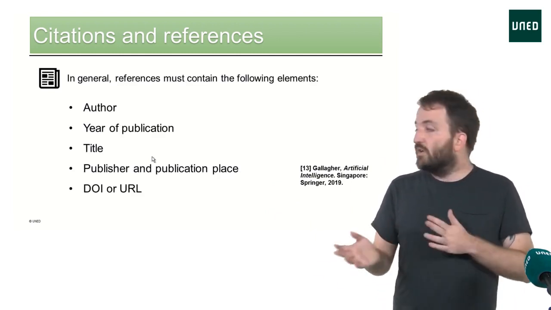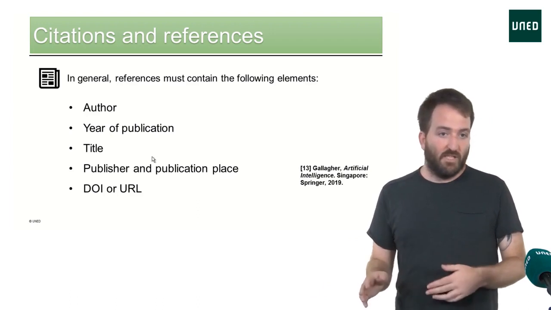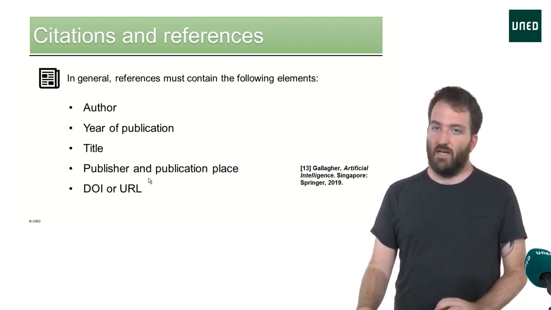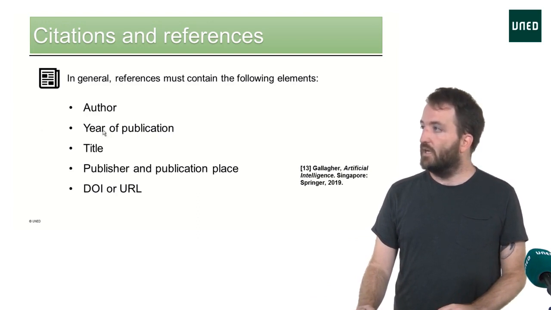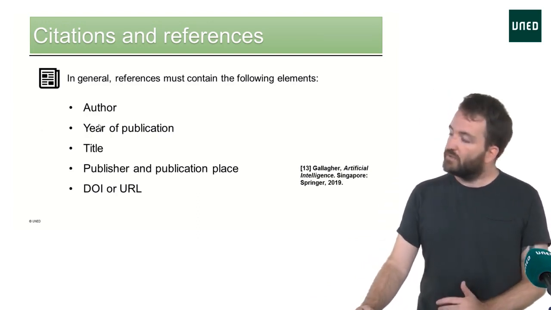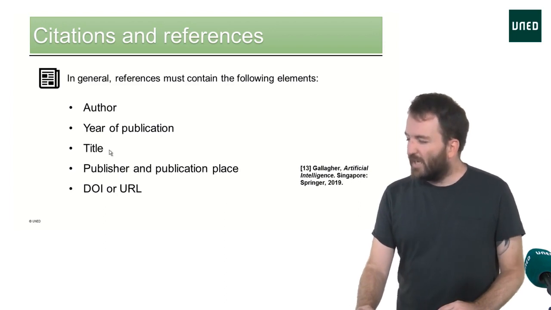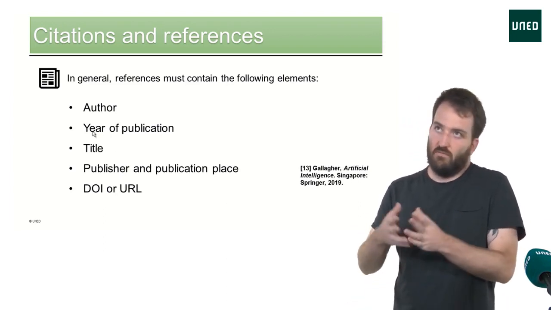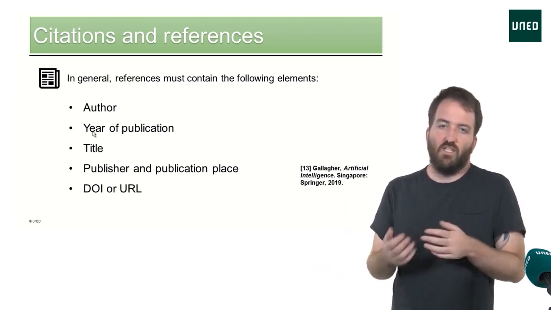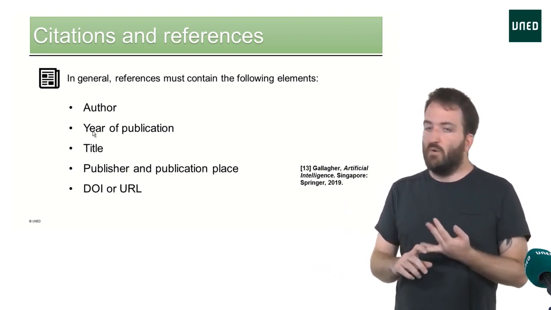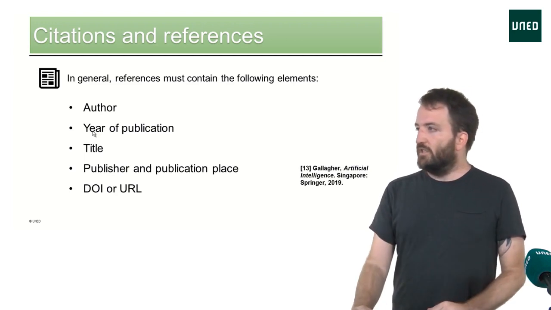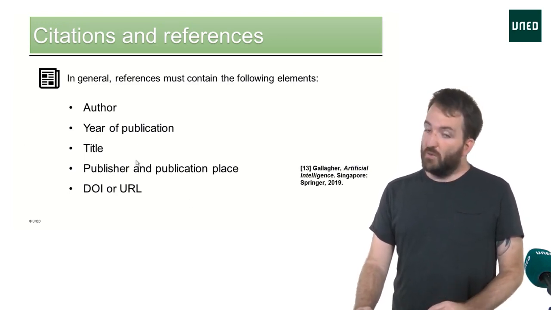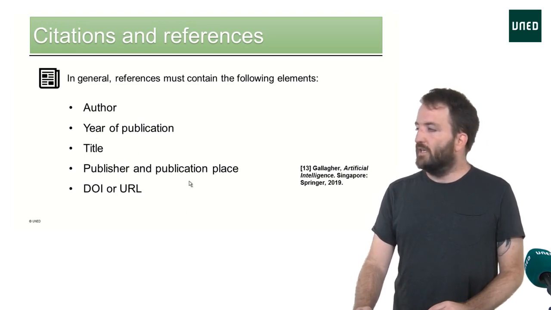It will, of course, vary from style to style, but these are the most relevant elements that a reference has inside. Basically, who's the author, who's the creator, what is the year of publication, what is the title. If it's a book, what is the title of the book; if it's an article, what is the title of the article and what is the title of the journal. Who is the publisher and where was it published, so the publication details.